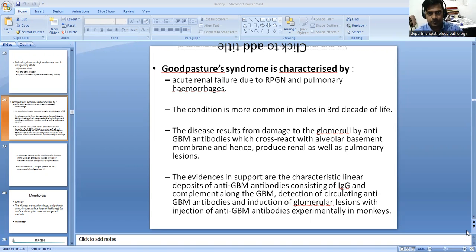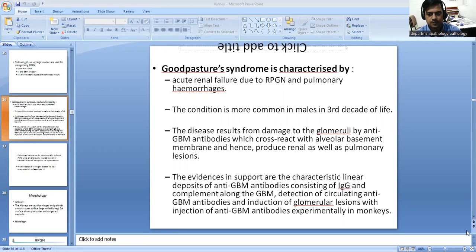Goodpasture syndrome is characterized by acute renal failure due to RPGN and pulmonary hemorrhage. The condition is more common in males, specifically in the third decade of life.